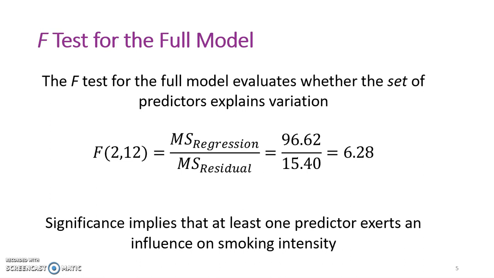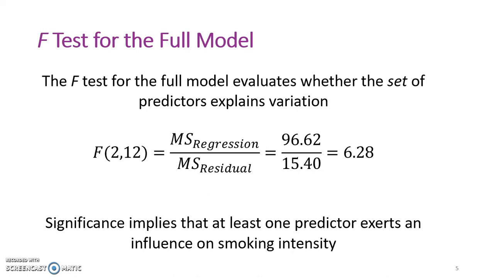So the F statistic, if we recall, has 2 sets of degrees of freedom. The first one is the number of independent variables, which is 2, and the second one is n minus 1 minus the degrees of freedom for the regression, which is 2. So our overall degrees of freedom there would be 12 because we had 15 people, minus 2 predictors, minus 1.